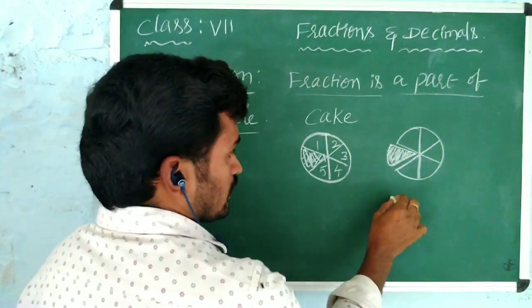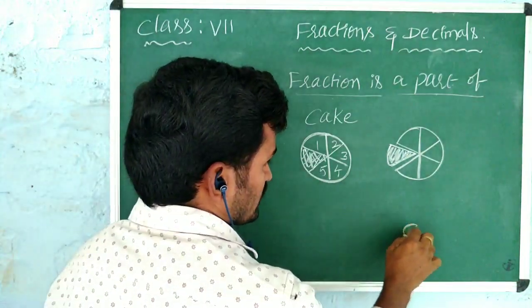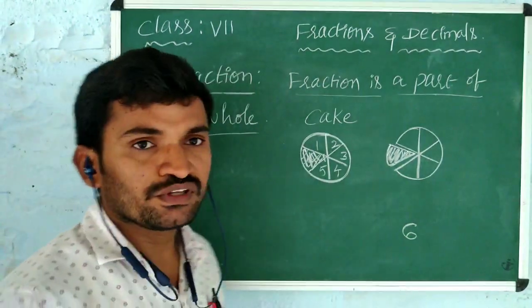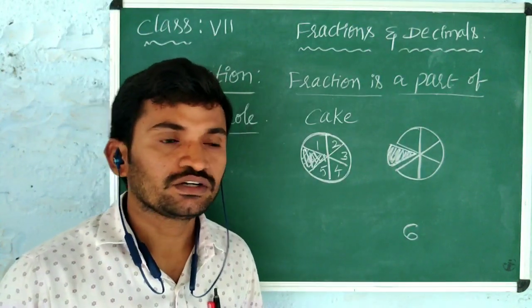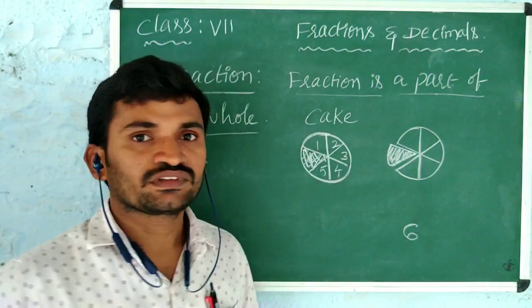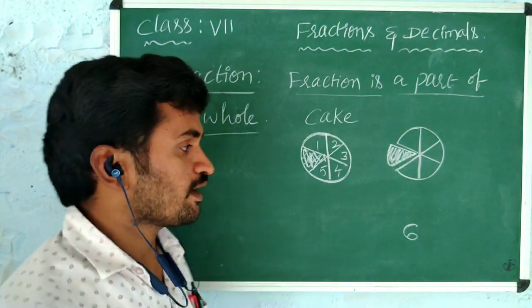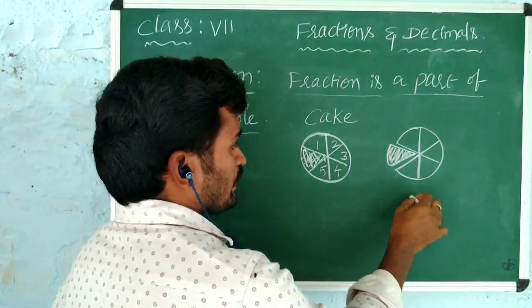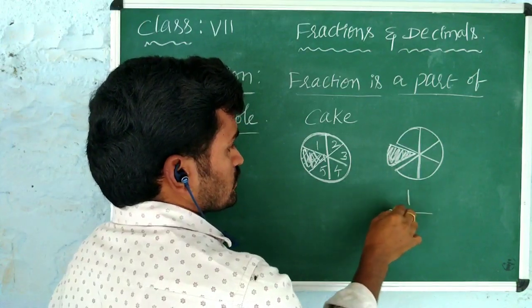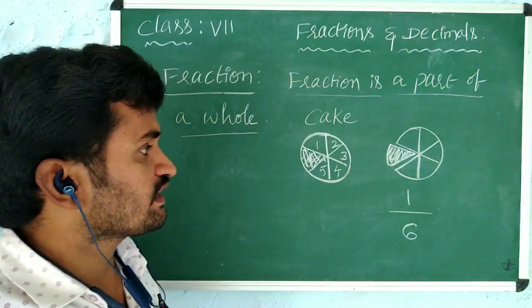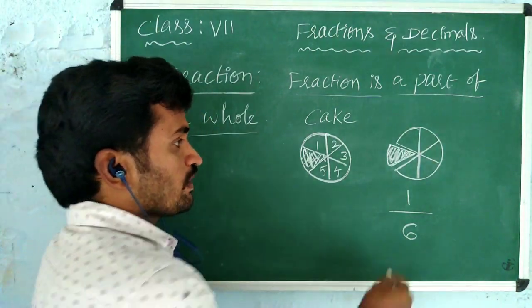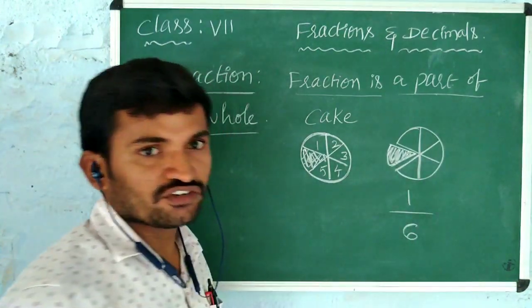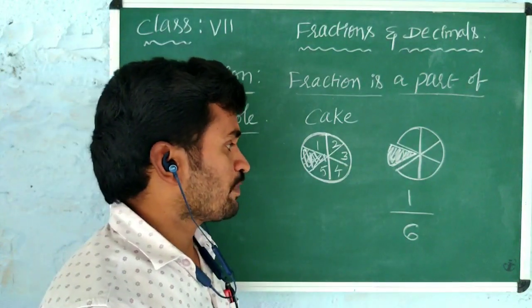Here, how many total parts are there? Into how many pieces did I divide this cake? Totally 6 pieces. From those 6 pieces, I am giving only one piece to others. So I can write it as a fraction like 1 by 6.